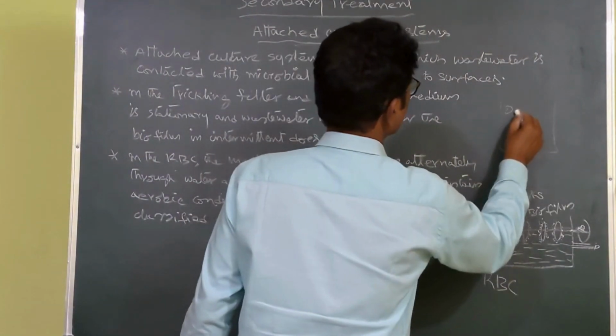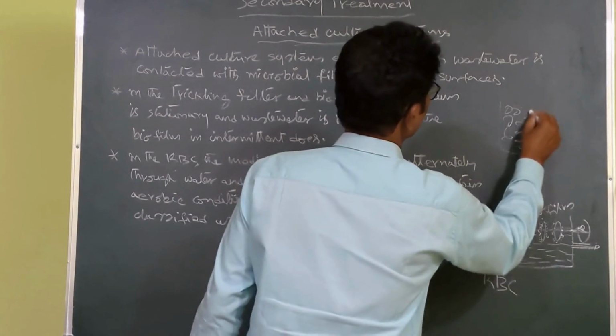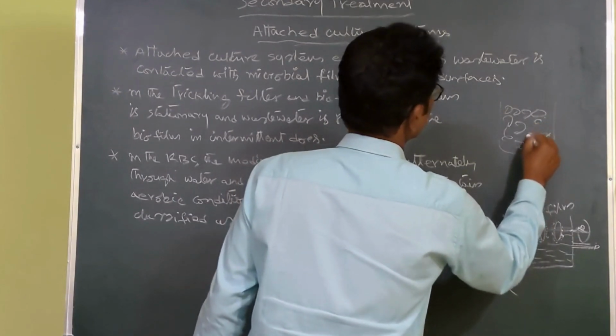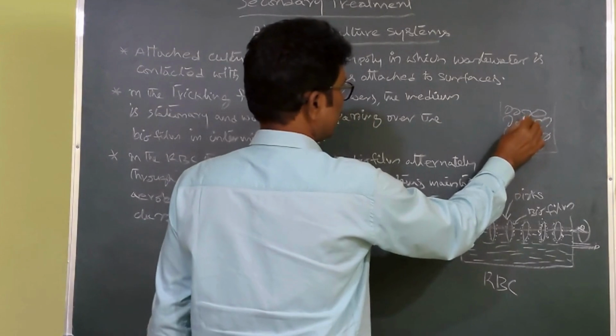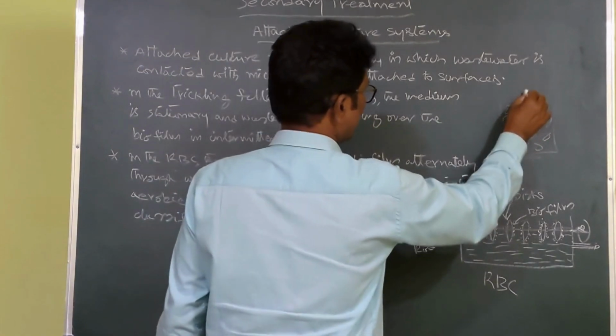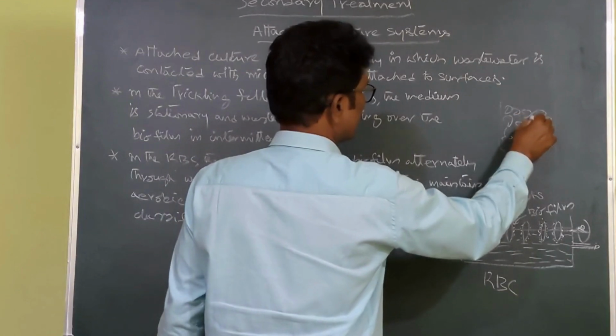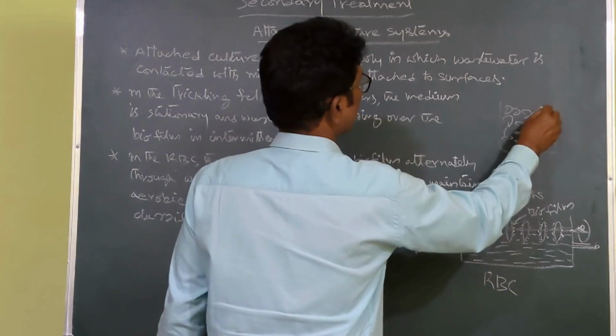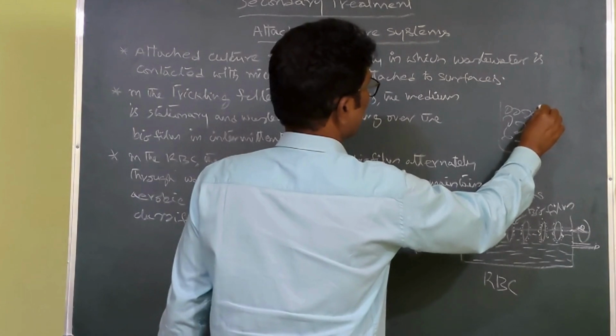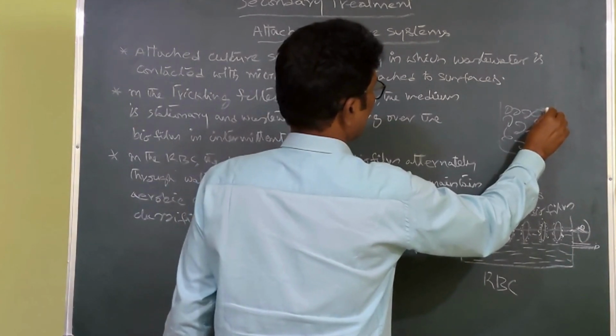Coming to that, this biofilm, bio tower or trickling filter, media, this is the reactor, already you have seen that. This media is stationary, it doesn't move, only the wastewater is coming over this surface and the microbes are taking shelter on this gravel.